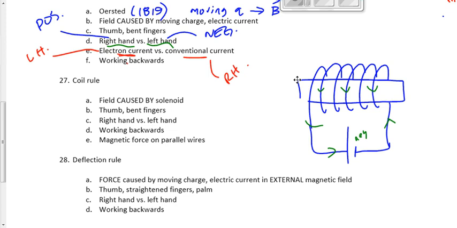Okay, you're looking at the front of this. If you get confused about that, you should label it. Literally, in your exam room, roll up your piece of paper and label it front and back and look at the front. Okay, fingers point down in the front. My thumb points to the left, which would mean inside the coil, the magnetic field is to the left, which means this is going to be a north pole and this is going to be a south pole.